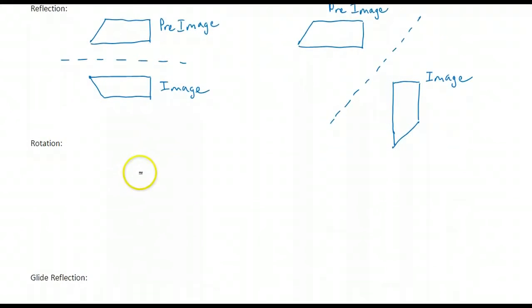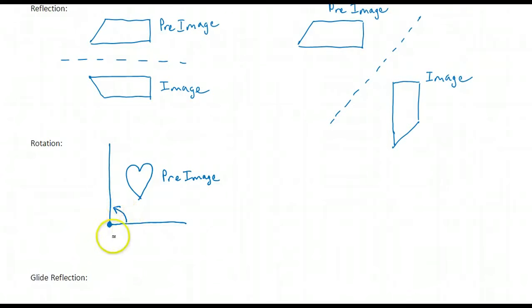In a rotation, we're going to start with a pre-image, and we need to have a point of rotation. And then we're going to need to know how many degrees and in which direction to rotate this image. So if I rotate in this direction, I'm rotating counterclockwise, and I'm rotating 90 degrees.